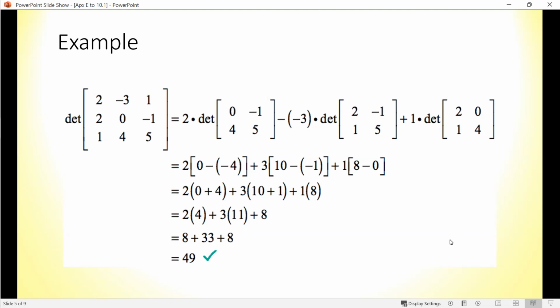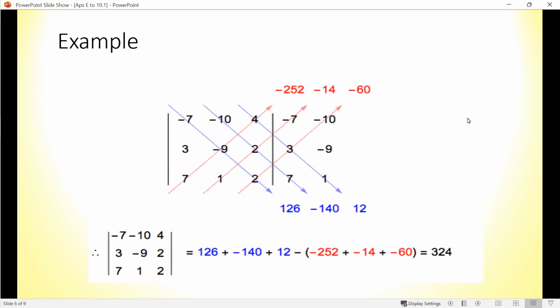Let's take a look at the other method. Let's say we have this matrix: -7, -10, 4, 3, -9, 2, 7, 1, 2. We can use our second method by extending the first 2 rows, tacking them on to the end.